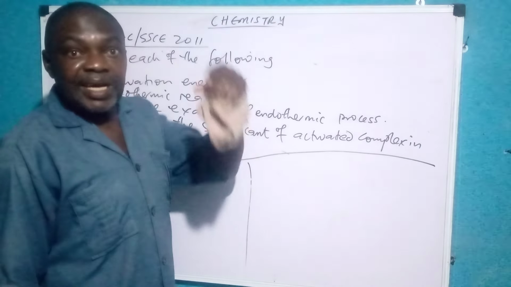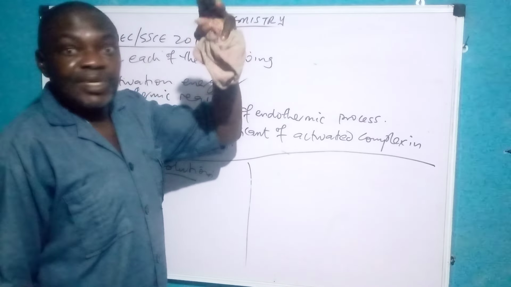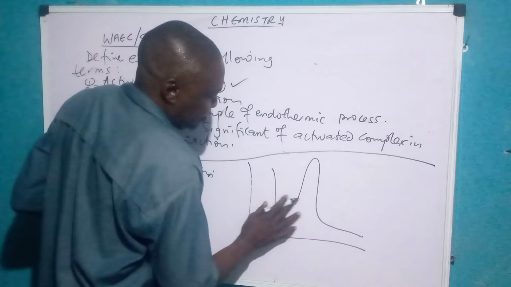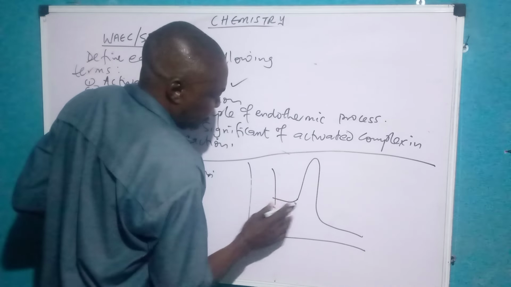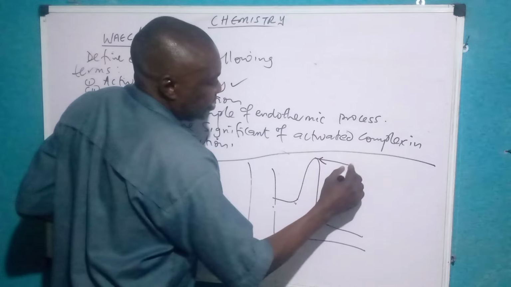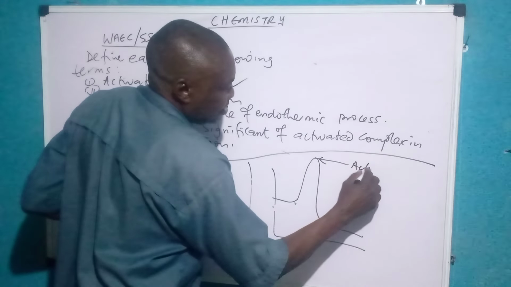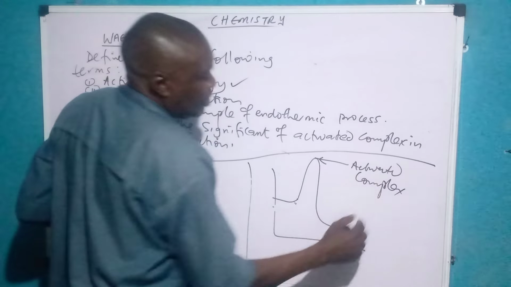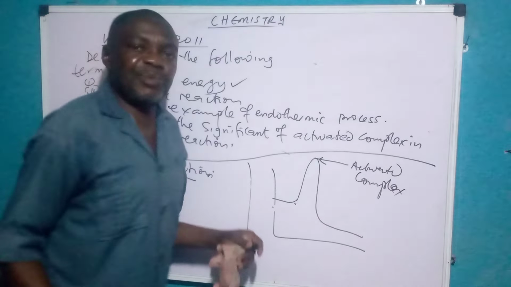It's only when your energy attains that level that it will decompose into products. For example, let's say you have a reaction profile like this. This tip here is the activated complex, whether it's an exothermic reaction or an endothermic reaction.